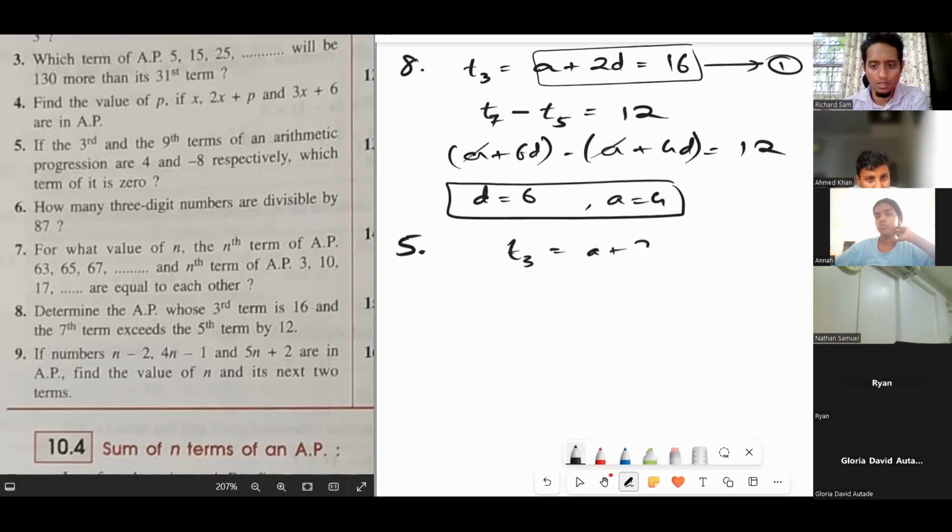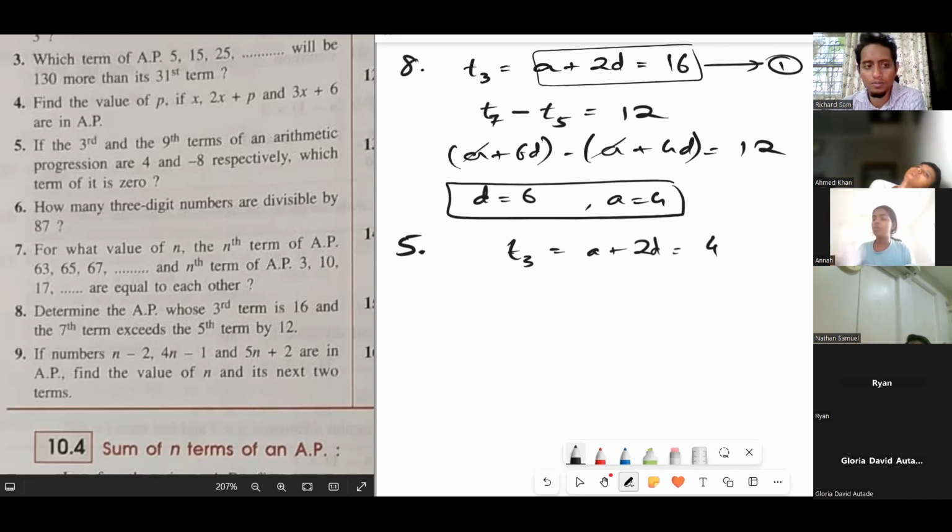We have to use that L formula, last term. L is equal to A plus N minus 1 into D. For the 5th question, which term of it is 0? Yes, L you have to take as 0, correct.